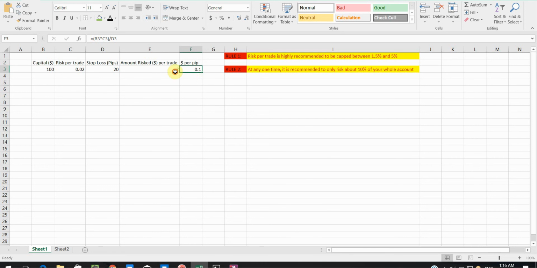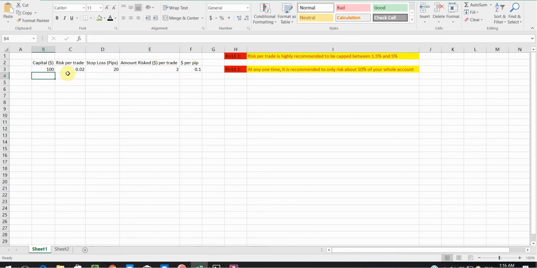I hope you guys got that. Alright, let's do another example. By the way, we are only required to fill up these 3 columns. These 2 columns will be done automatically by the formula.